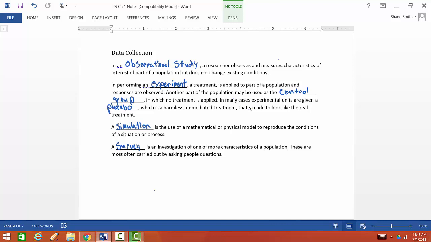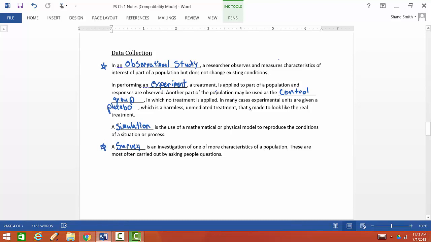So it's important to try to get a representative sample of an entire population, and to do that, you want to make sure you get responses from everybody, if possible, that you select to be in your sample. So keep this in mind, especially when you do your project, that you're probably going to be doing an observational study of some kind, or a survey of some kind.